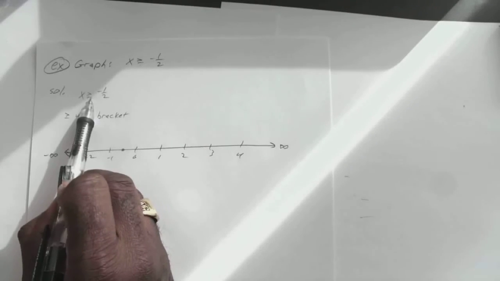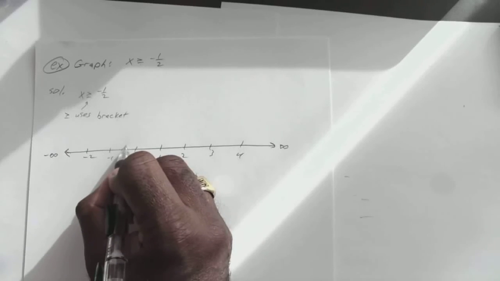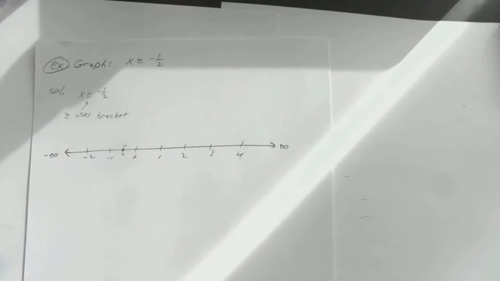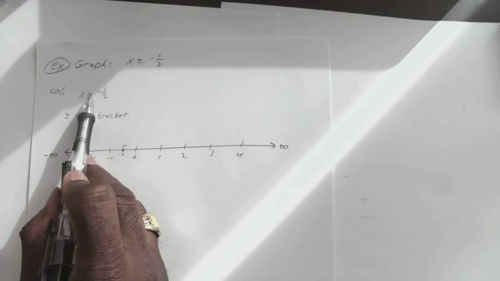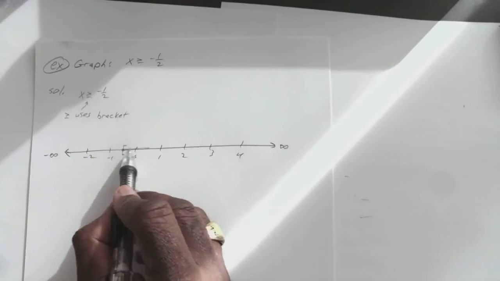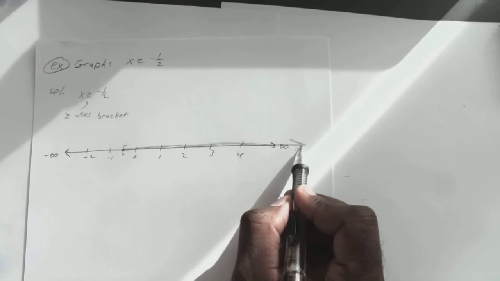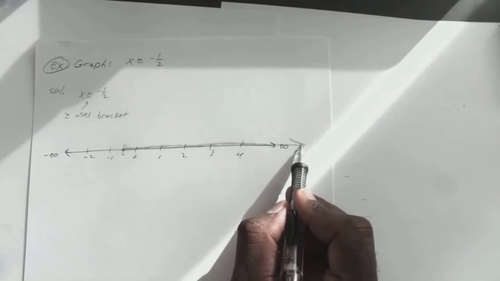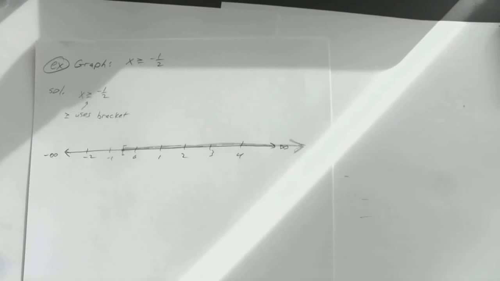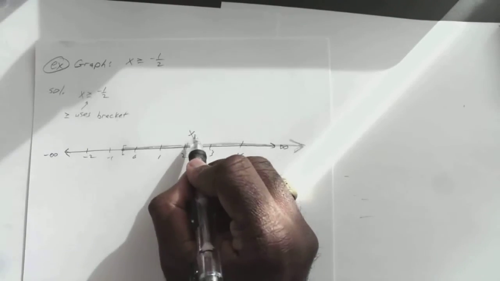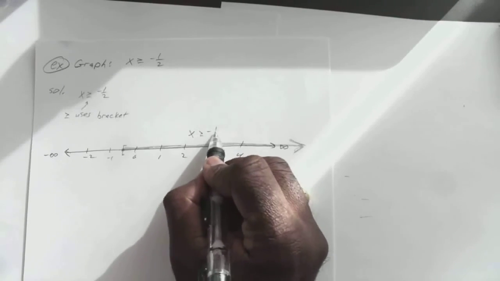Okay, so we're looking for greater than or equal to, so that means right at negative 1/2, we're going to put a bracket. So everything greater than or equal to gets shaded in. Okay, so that means this shaded part is greater than or equal to our negative 1/2.